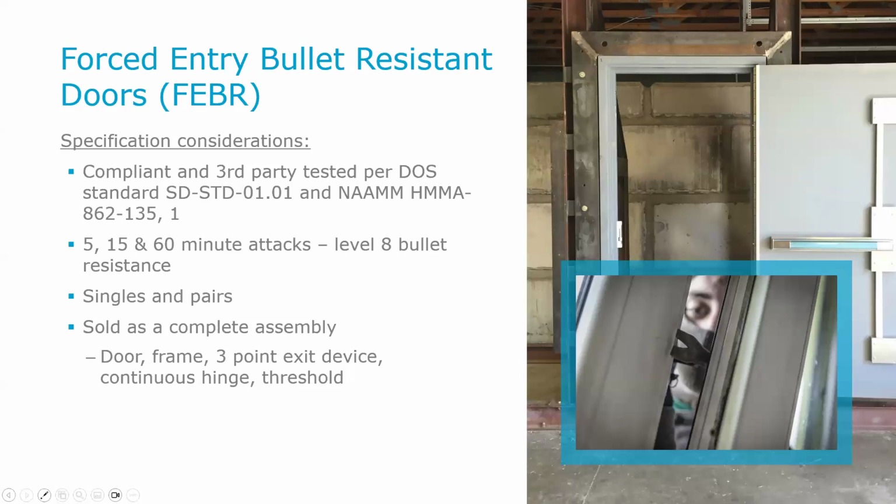When you see items that say sold as a complete assembly, that means your door, your frame, your exit devices, thresholds, hinges, all of that. Because of the strict testing that has to be done on that opening, it has to be sold as a complete assembly. There are products out there that can be different components, and that's fine, but this is one product that will always be sent as a complete assembly.